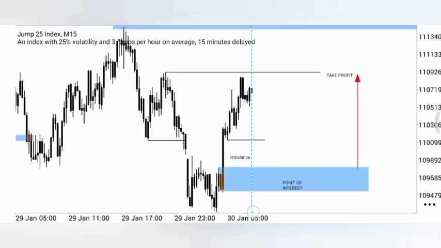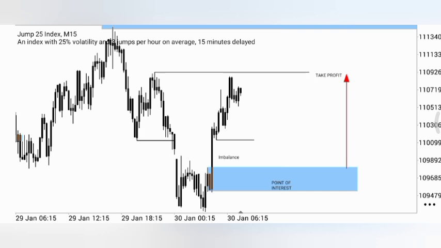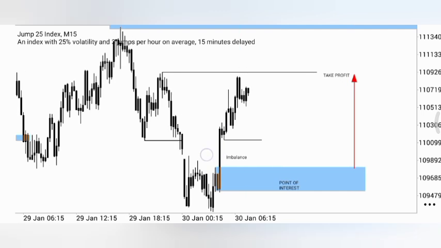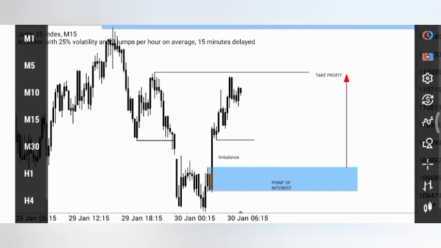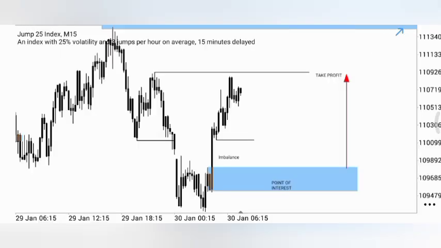So this is our area of inducement, because if you do take a look at this area, we do have imbalance down below, so it's very likely that price will come and fill this imbalance first and then come back up, taking out these traders.